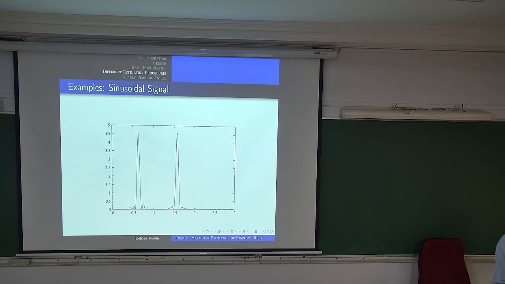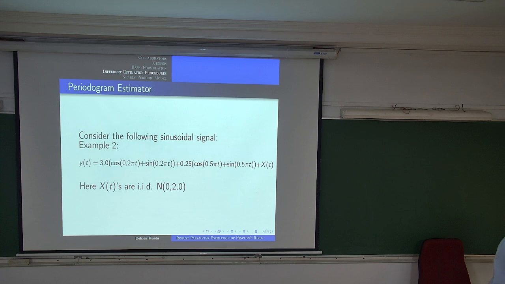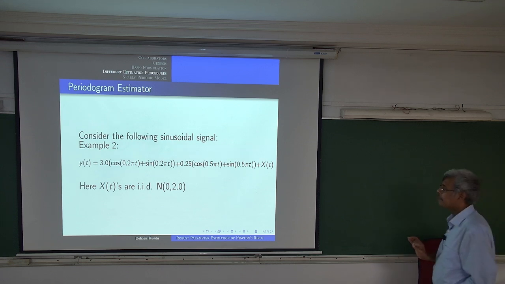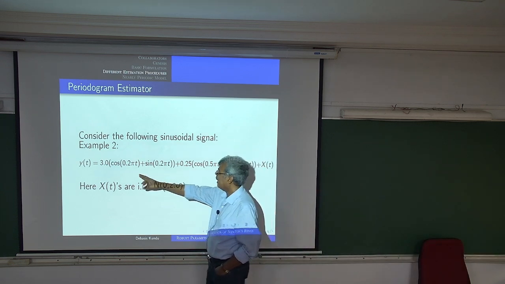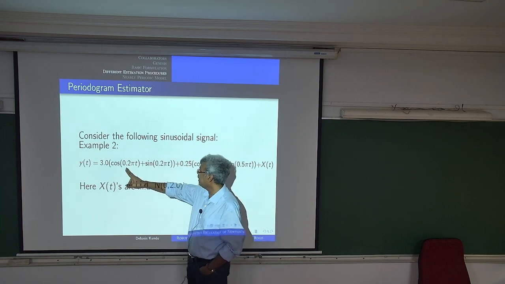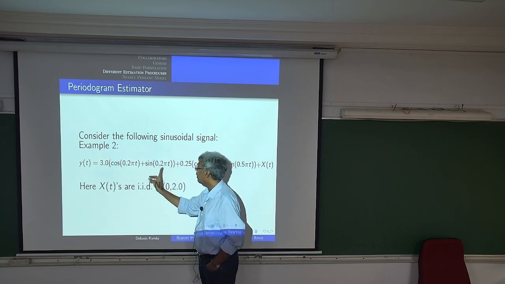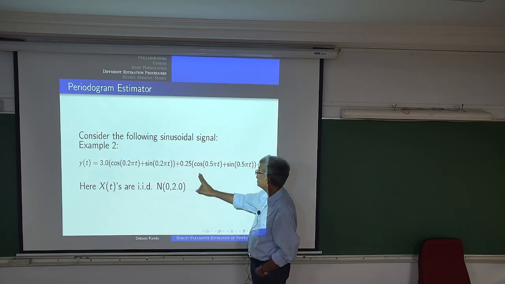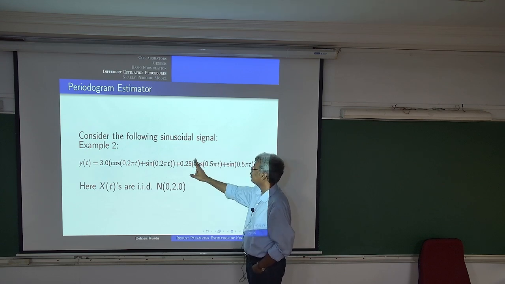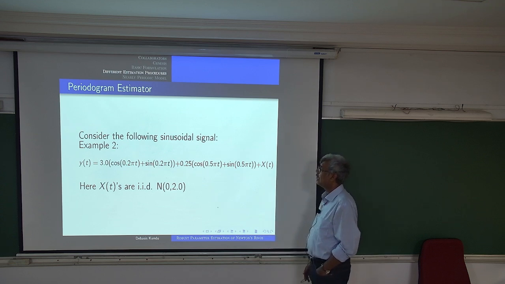Okay, but we are not always that lucky. If we change slightly, looking at again the same model, I am keeping my A1 B1 the same, no change here. Omega 1 I am keeping the same. My A2 B2 I have changed, from 3 to 0.25.